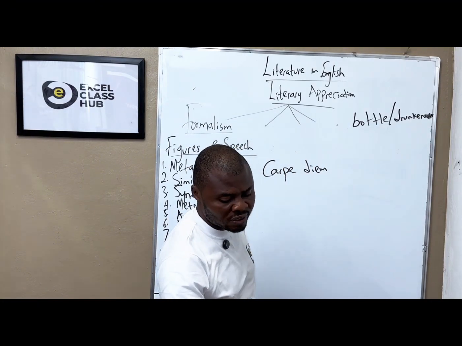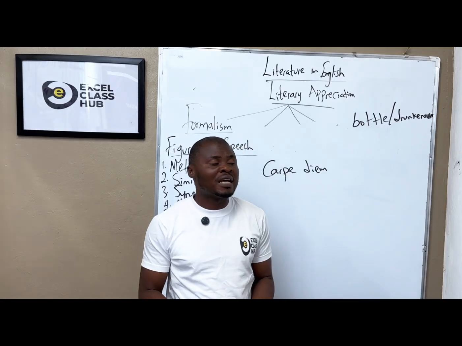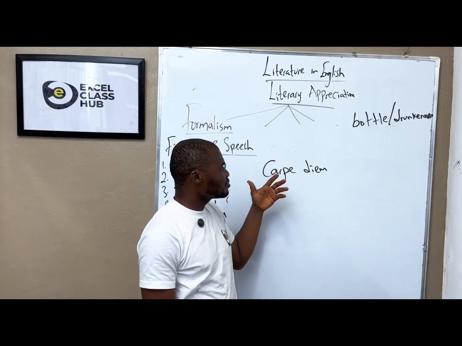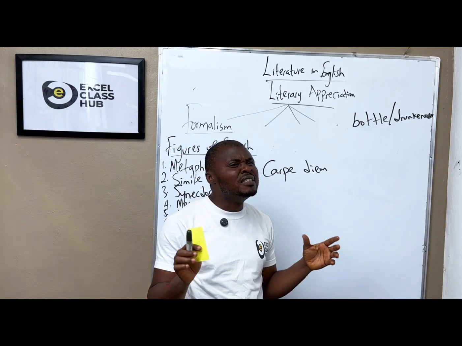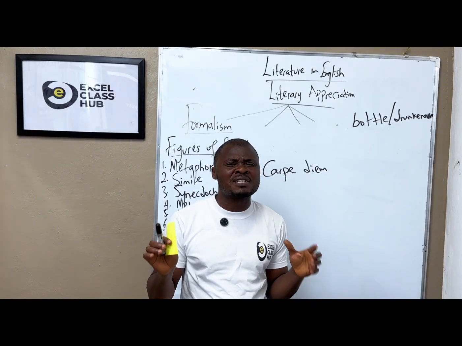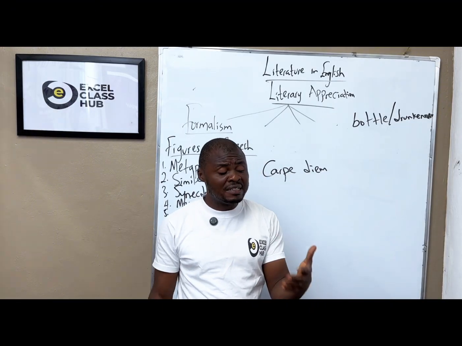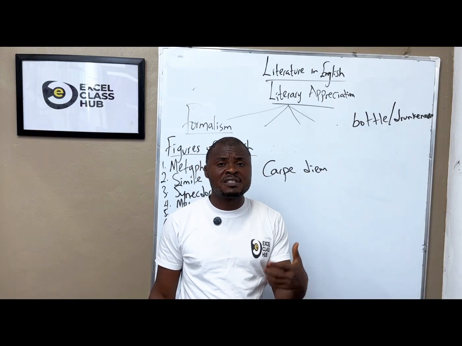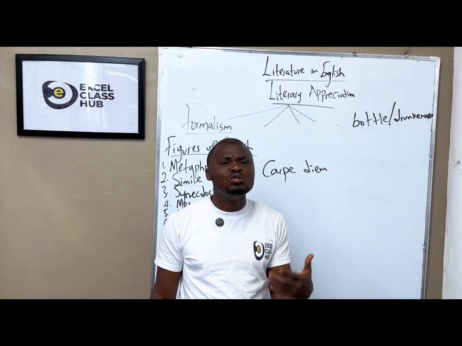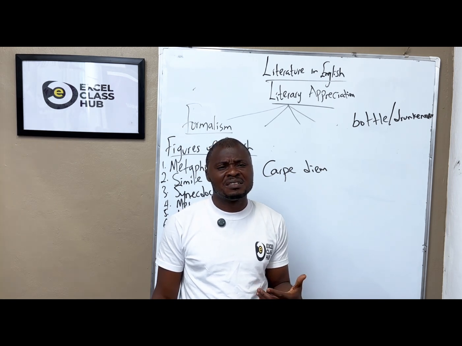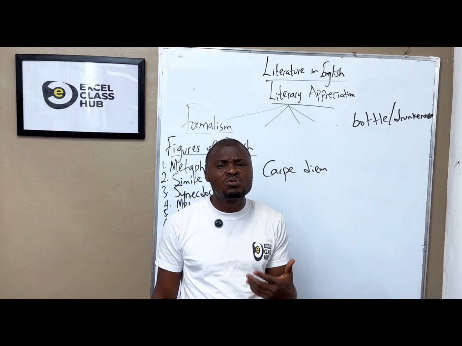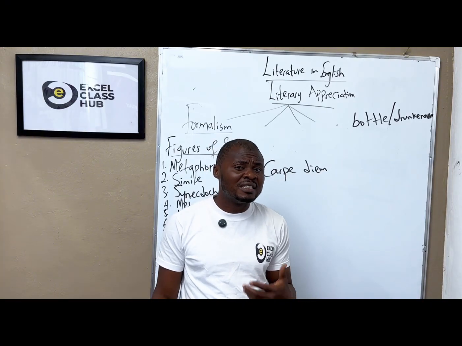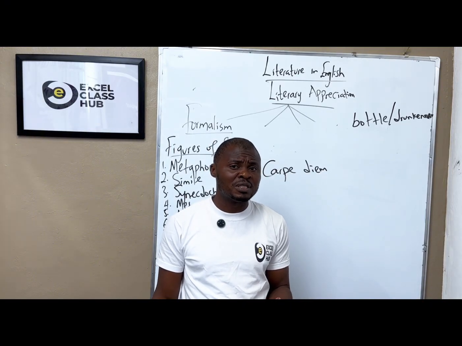So it's a genre of literature that looks into the need to use our time very well. That's the meaning. Anytime you read a literary work and it's emphasizing the need to make haste, like there's no time to waste on earth, that thing, we call it carpe diem in literature.